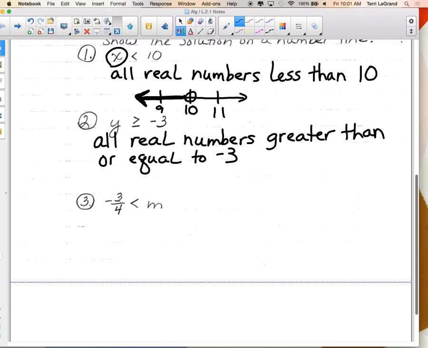So in your homework, when they're asking you to describe the solution set, this is how we should be doing it. Then we're going to graph it. We're going to show what that looks like on the graph.